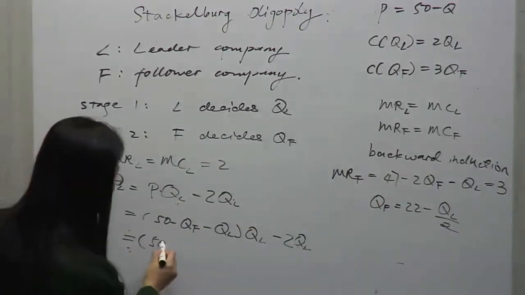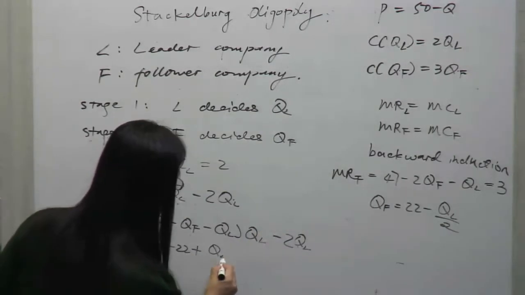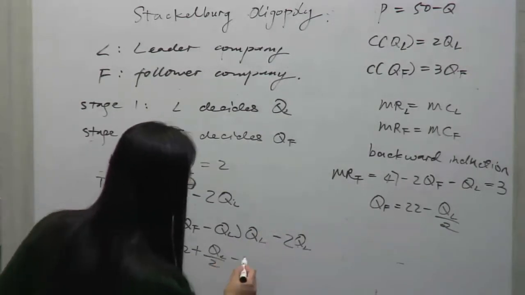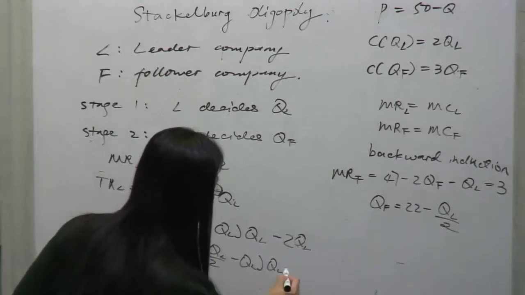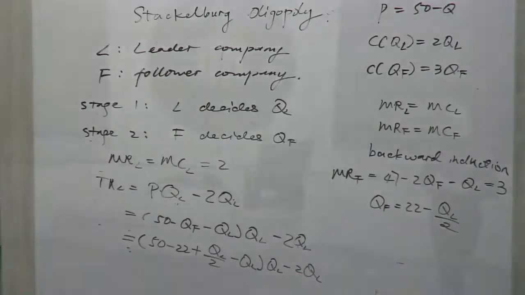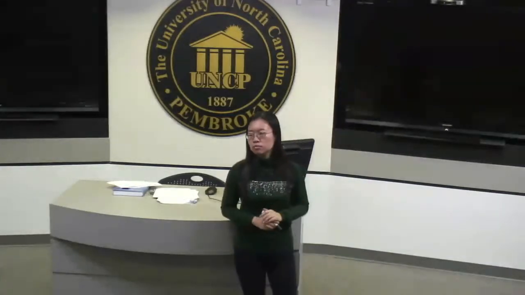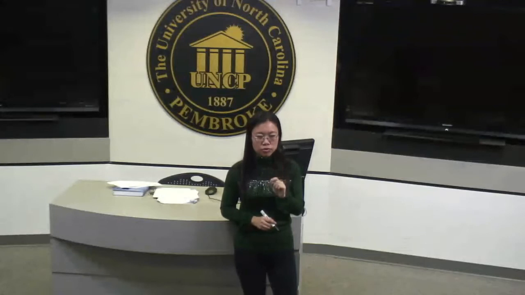So 50 minus 22 plus QL divided by 2, minus QL, and QL minus 2QL. Now, how many variables do we have? We just have one. So we're going to solve for the exact value of QL now. It's no longer an expression, it's going to be a number.